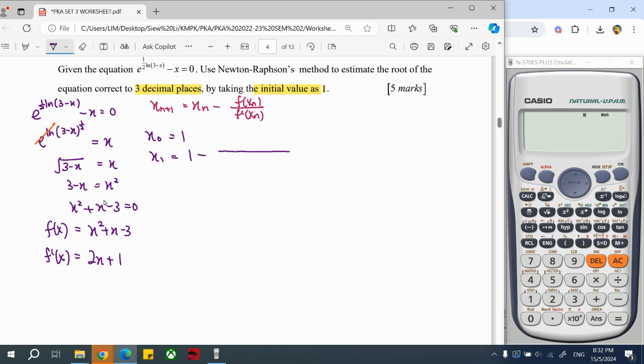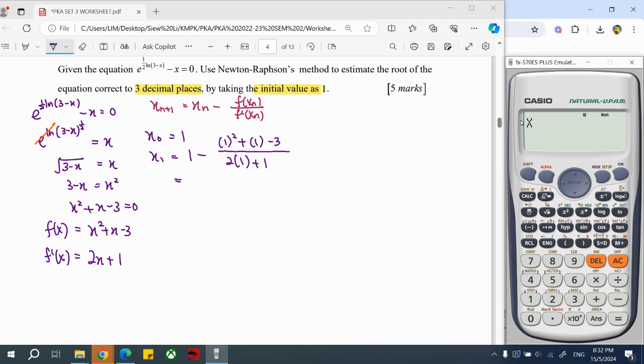You need to write this step completely. Show us your substitution, 1 into the function and 1 into the differential function. Then you use the calculator to evaluate this.